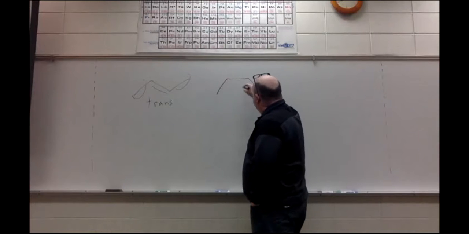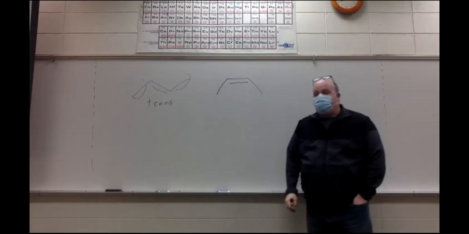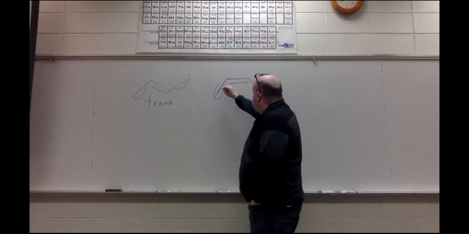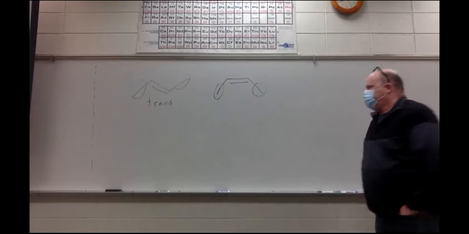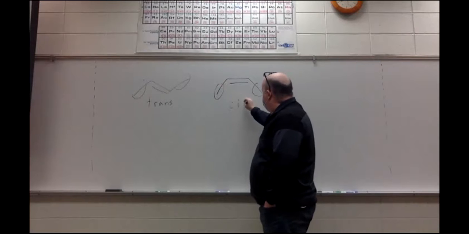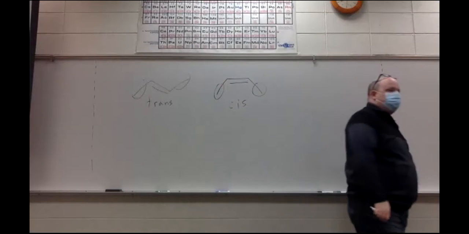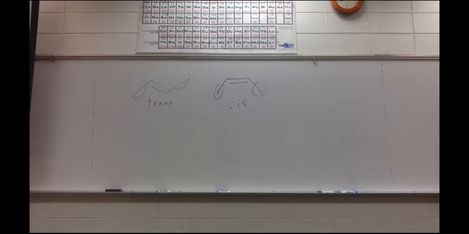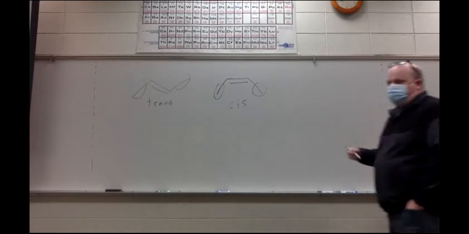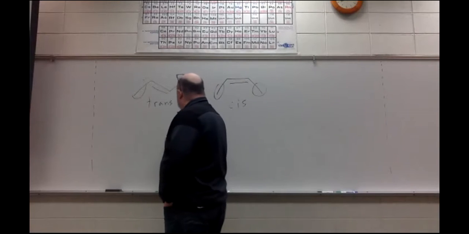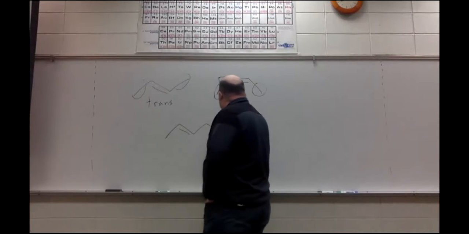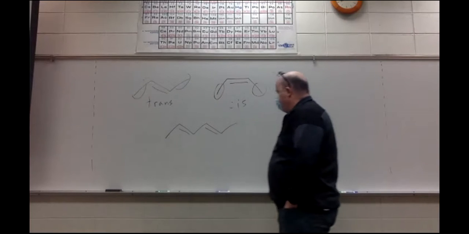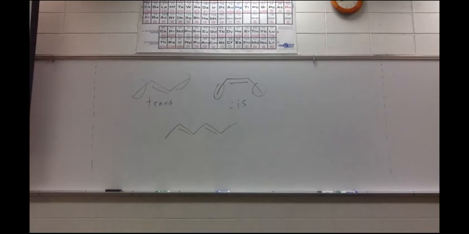Conversely, if we had something like that, again, we're describing the relative direction of those two single bonds. That's a cis arrangement. We've discussed that a few times. Now, with conjugated dienes, let's say you have that one right there.